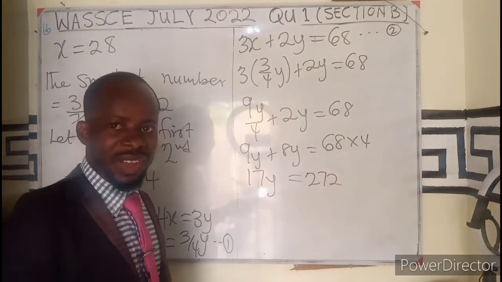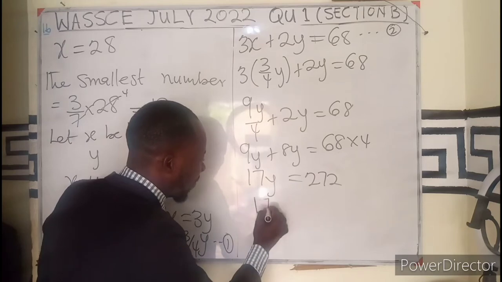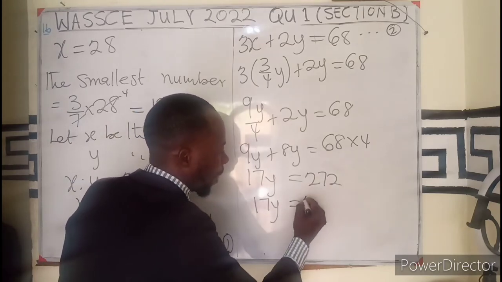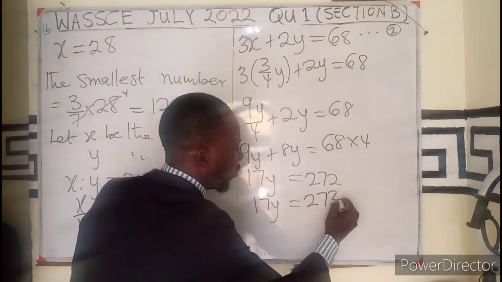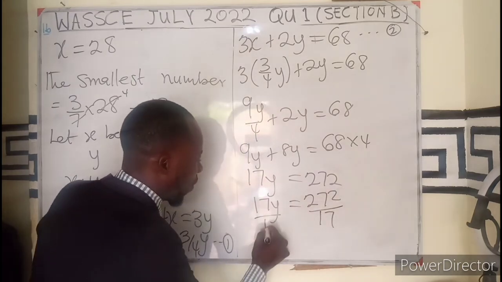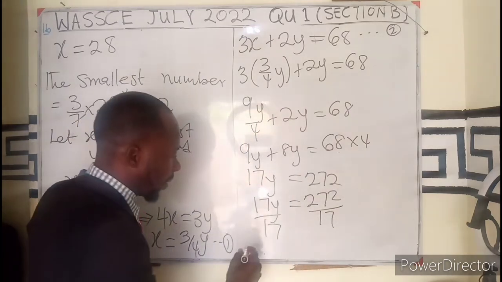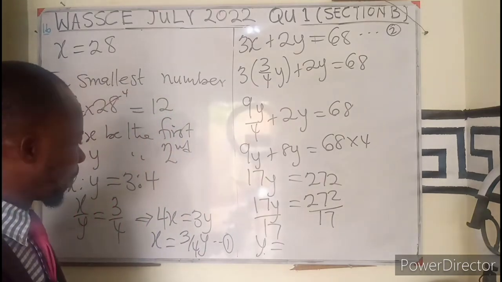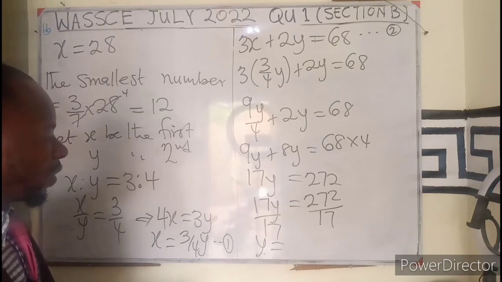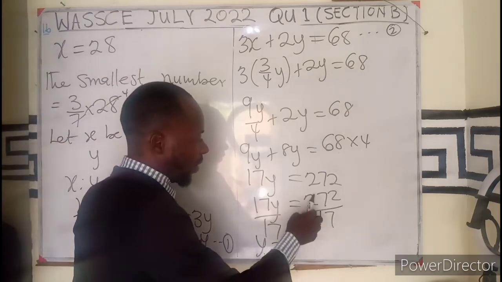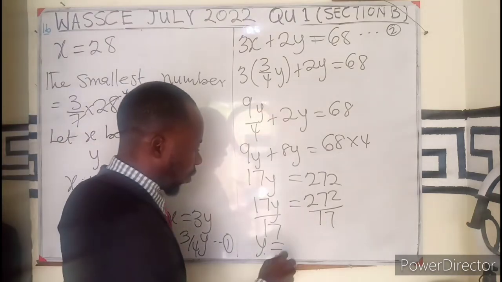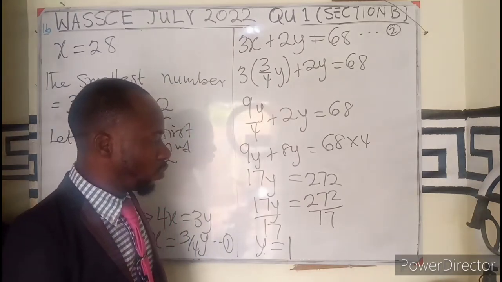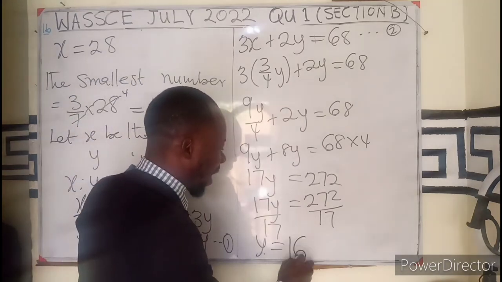We divide by 17, so 17y over 17 equals 272 over 17. Therefore our y is going to be 272 divided by 17. 17 can go there only once, remember 102, and that will end up giving us 16.